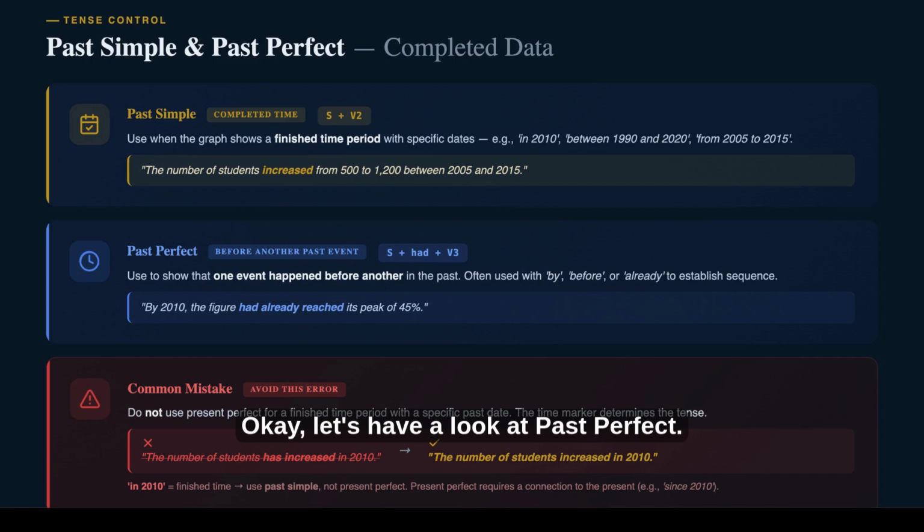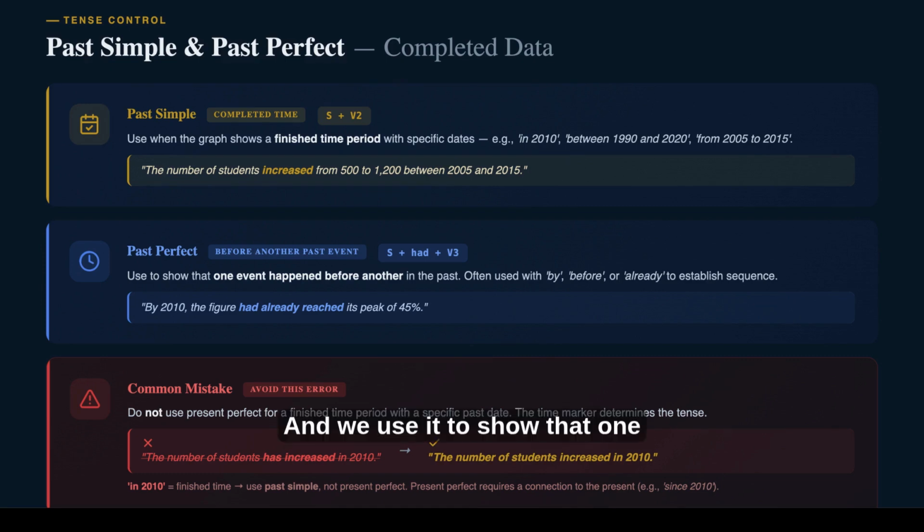Okay, let's have a look at past perfect. We have different ways to use past perfect, but in this case, we use past perfect to describe an action that happened before another past event. And the formula is subject followed by had, followed by past participle, or you call it verb 3 column.